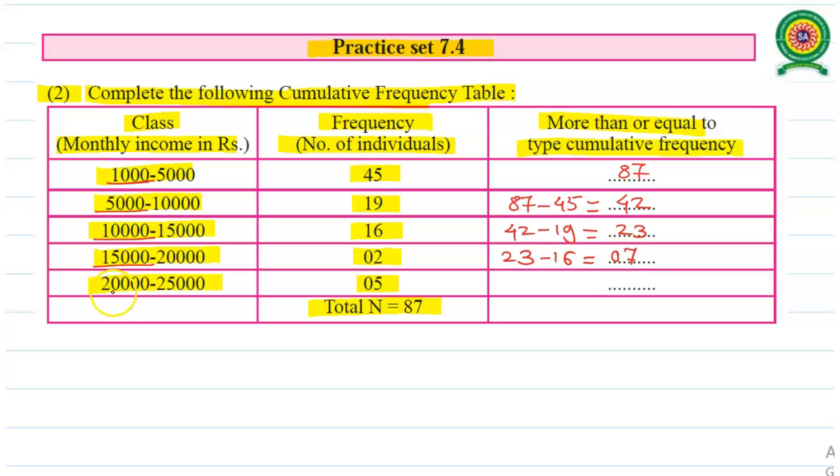And at last, for a monthly income of 20,000 or more, up to 25,000, we have 7 minus 2, which equals 5. So here we have the greater than cumulative frequency, or we may call it the more than or equal to type of cumulative frequency.